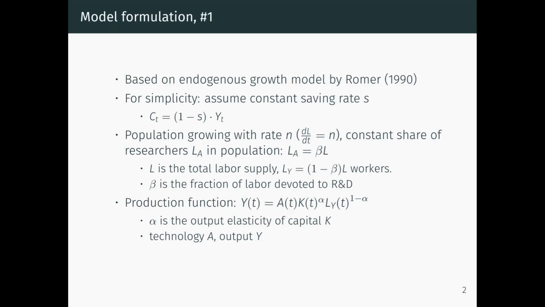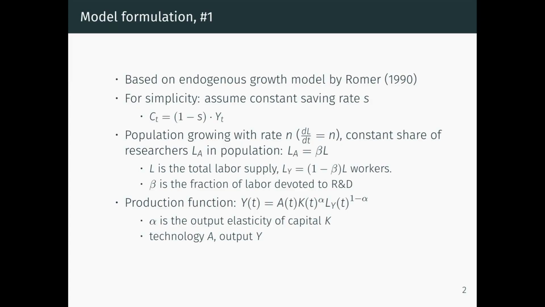And for simplicity, we assume here that there's a constant saving rate s, which means the consumption at time t is just 1 minus the savings rate times total output. That also means that, vice versa, investment in capital goods is just the savings rate times total output.